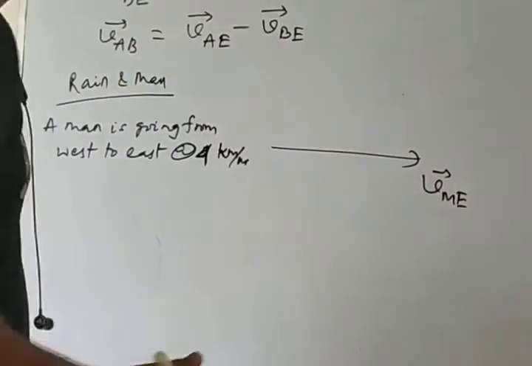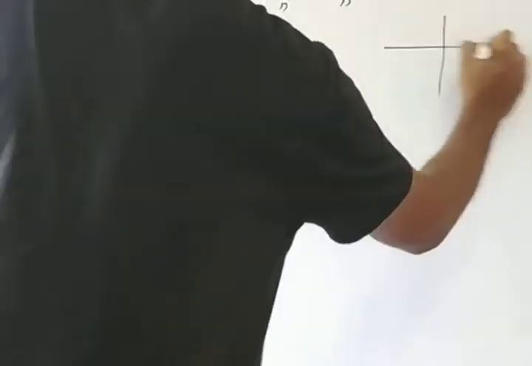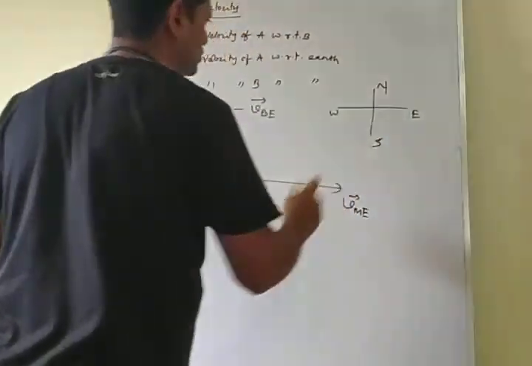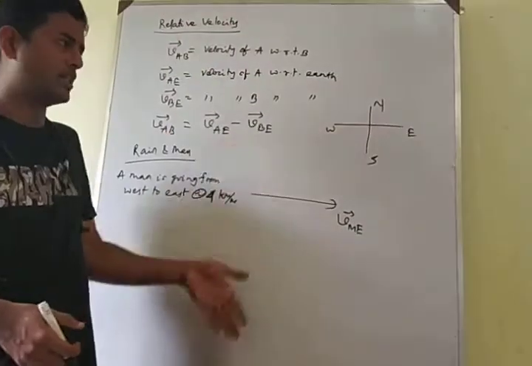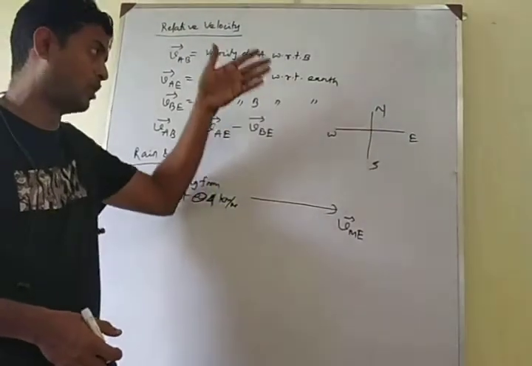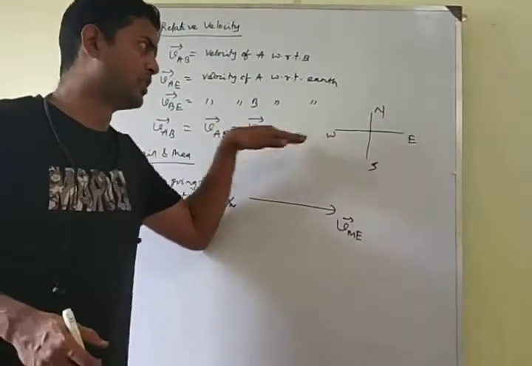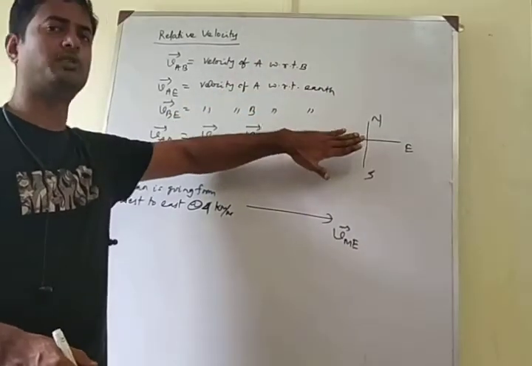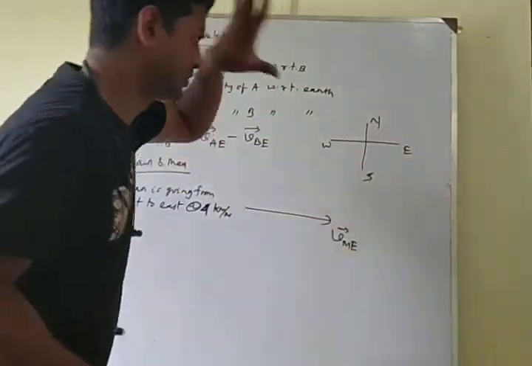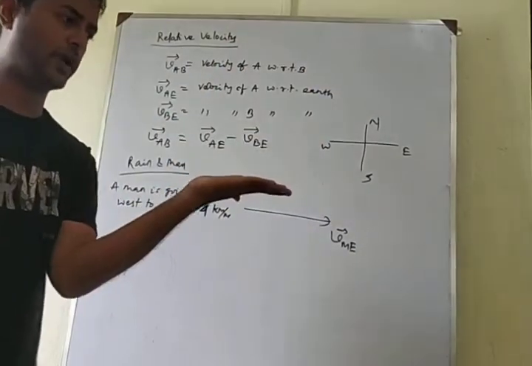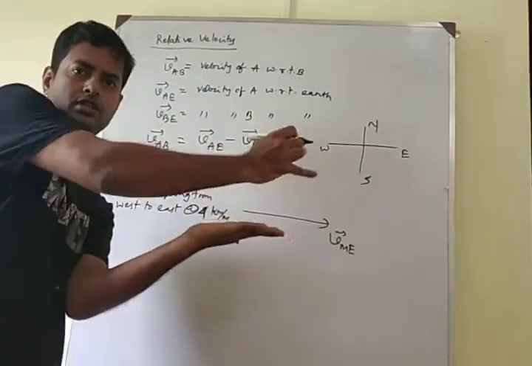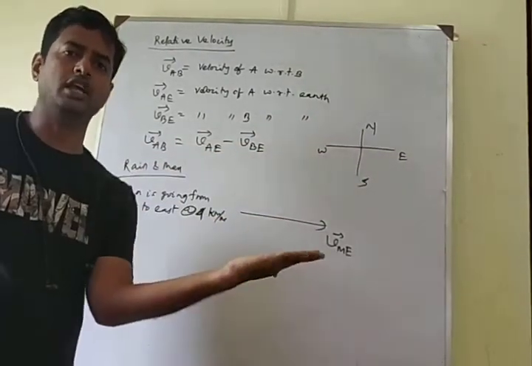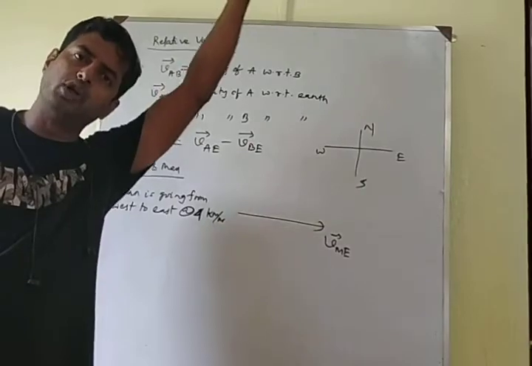Okay, one new concept. People often get confused. This is east, this is west, this is north, this is south. Since the whiteboard is in the vertical direction, you take east and west in the plane, and for north and south you feel that north is above. No, but this is basically a plane. If I take it from the top view, this is my east, west, and this is my north, south. East, west, north, south will always lie in one plane, and rain will always be falling from the top.